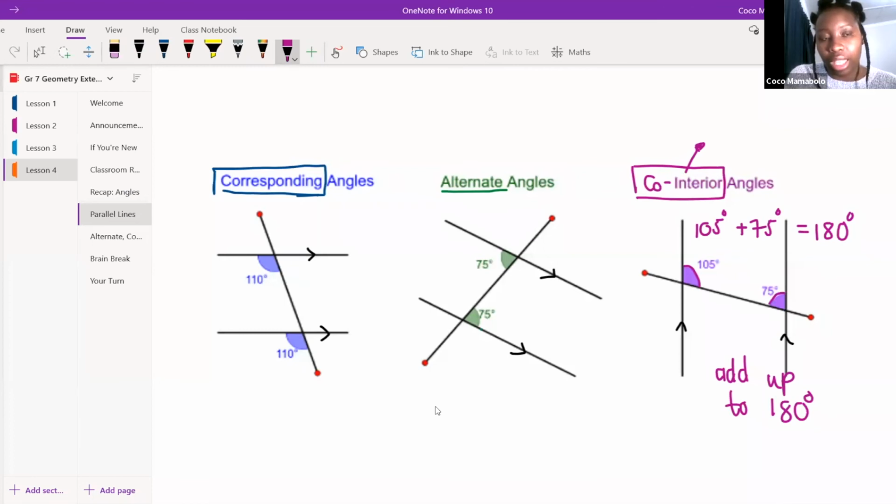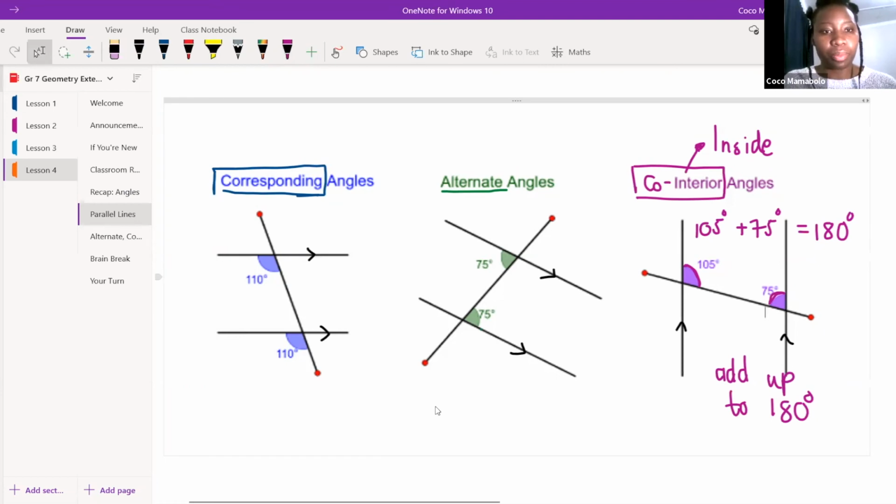Which part of the car is that? Inside of the car. Exactly, inside of the car. So when we look at co-interior angles, we're going to look at the angles that are inside of my two parallel lines. Do you see it? Yes, miss. Excellent. So we can't measure the ones on the outside. We need the ones on the inside, and together they make 180. Excellent question, by the way.